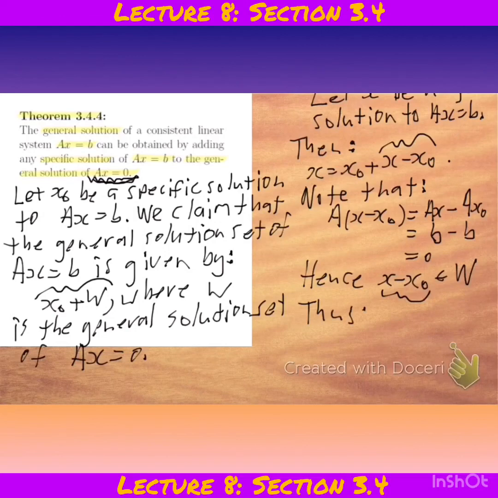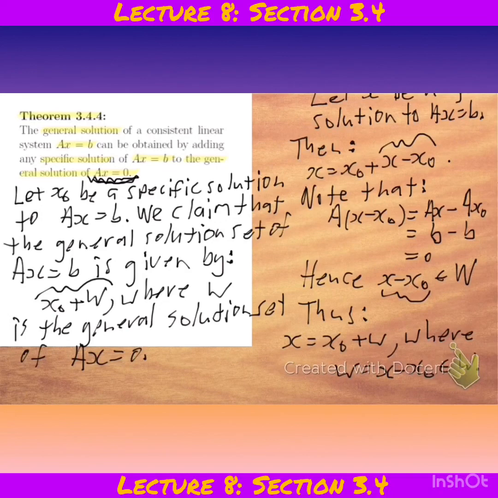Thus you can write x as x0 plus w, where this w is x minus x0, which is in W. So that means you can express every solution of Ax equals b as x0, the specific solution of Ax equals b, plus another vector w, where w is a solution to the system Ax equals 0.